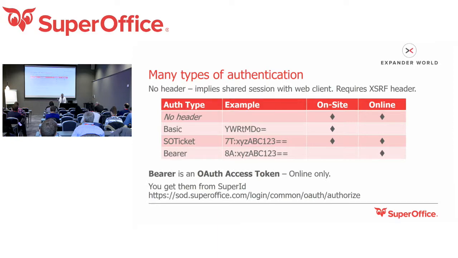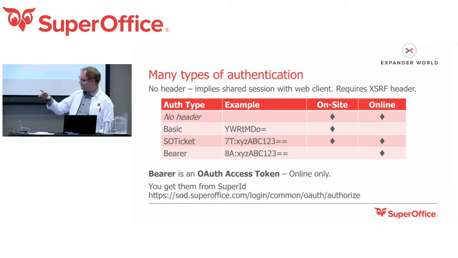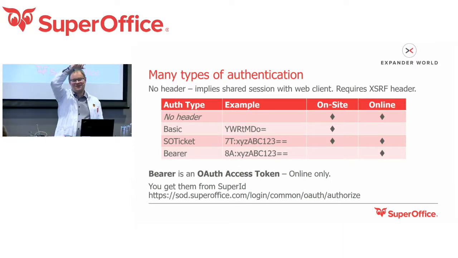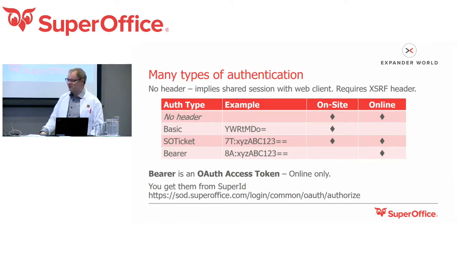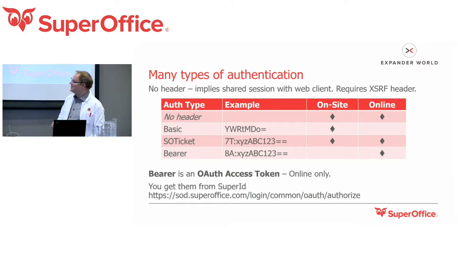Basically, if you are living on the same server as the CRM installation, and you have access to the cookies of that installation, and the user has logged in, then you don't have to log in. Then you can provide a special header and say I want to use the same session as the client that is already logged in. So you can piggyback off the existing web client session. But there's a whole bunch of preconditions in order for that to work.